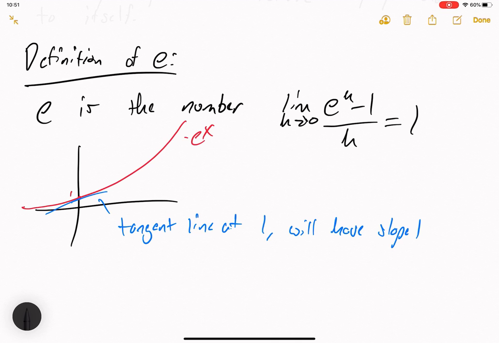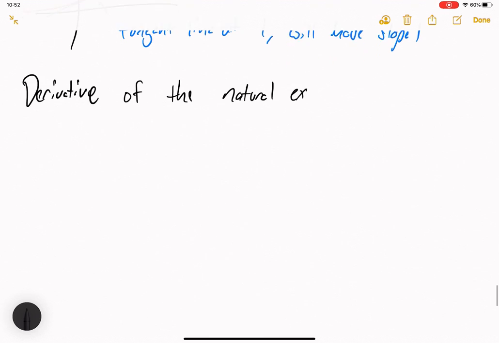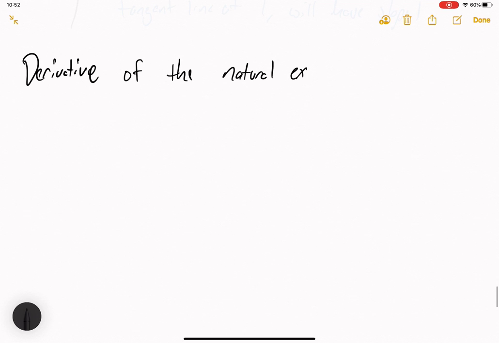Let's talk about how this relates to the derivative of the natural exponential function. The natural exponent is typically e.